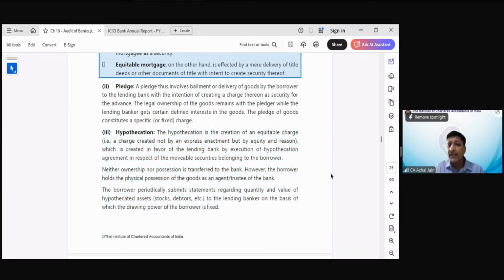But in a very simple form, it's a kind of security transfer, wherein in the agreement you will use the words creation of charge. And creation of that charge doesn't mean transfer of ownership or possession. It only means that a security is being transferred against the loan provided.